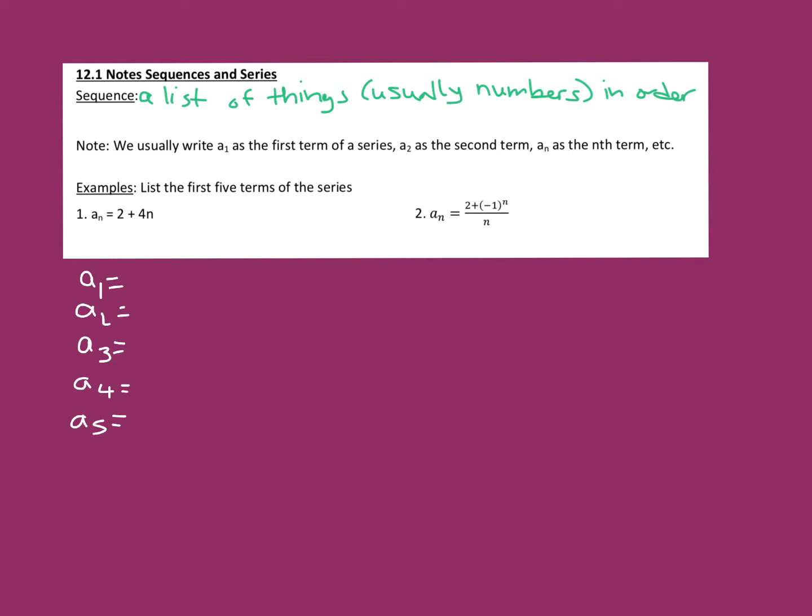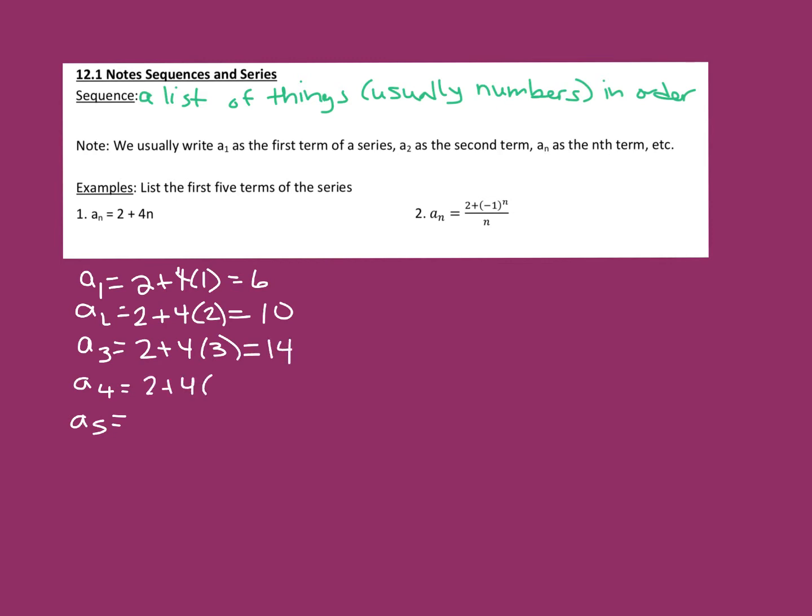Okay, so for this first one, basically for A1, we're just going to plug in 1 for n. So we get 2 plus 4, which is 6. For A2, we do the same thing, but we plug in 2 for n, and we get 10, and so on. So you can see that it's just going to give us a pattern.